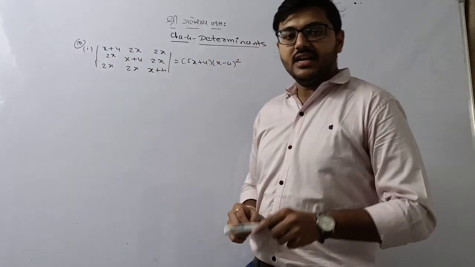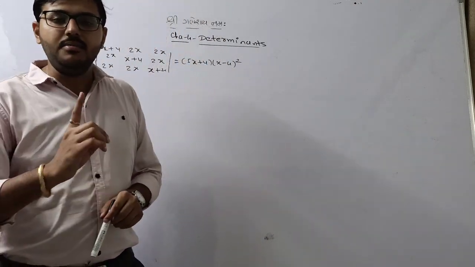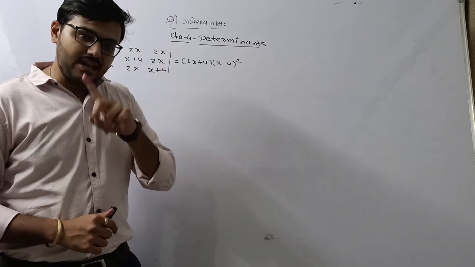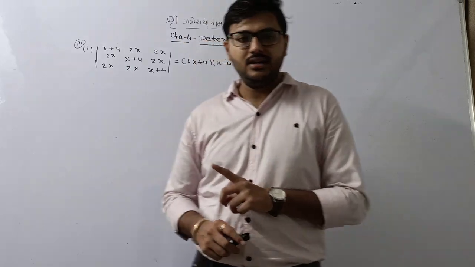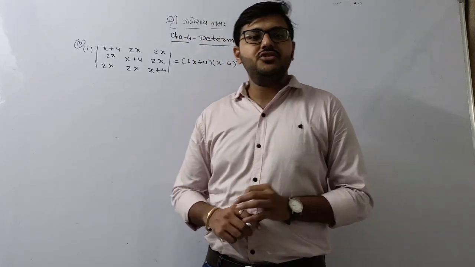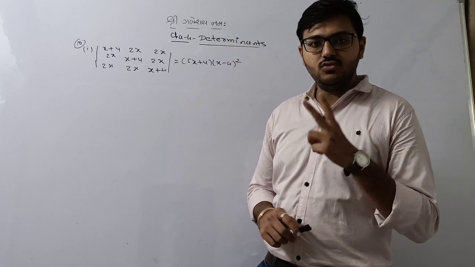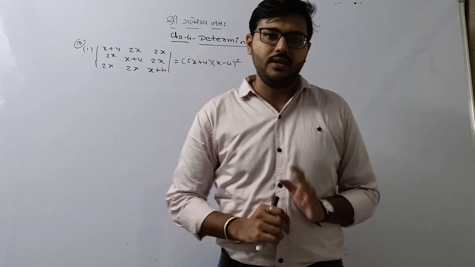Okay, now I'll tell you a rule. When you observe a determinant in symmetric form, just keep a point in your mind. When we observe the determinant in symmetric form, always go with the operation where we use any two rows or two columns and add them in the third one.